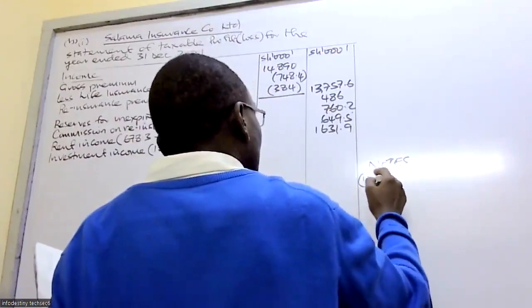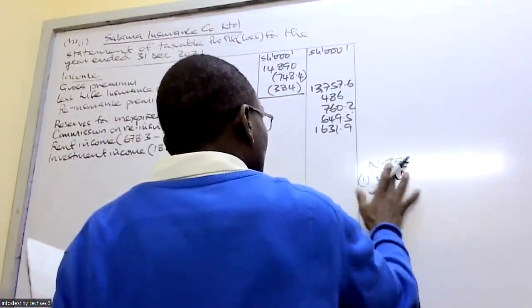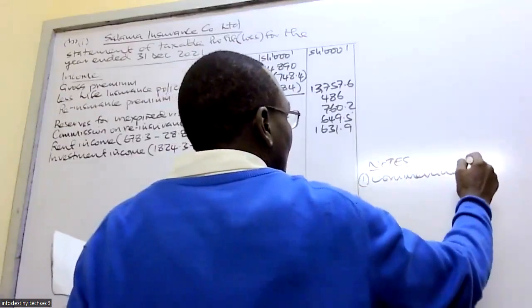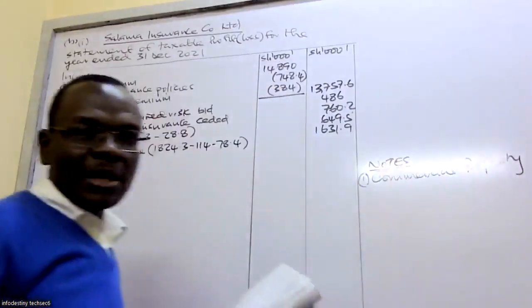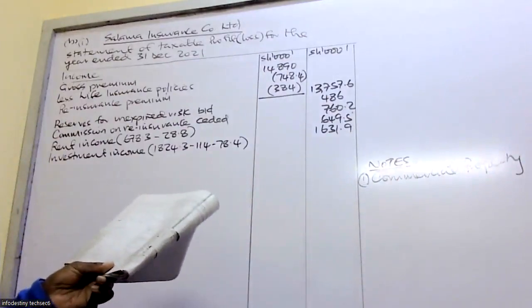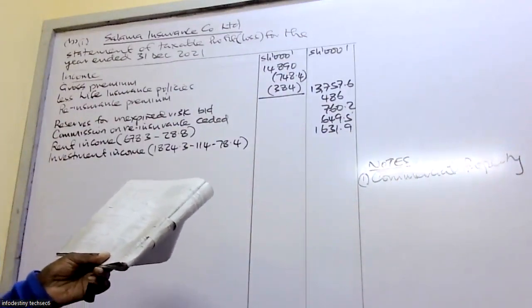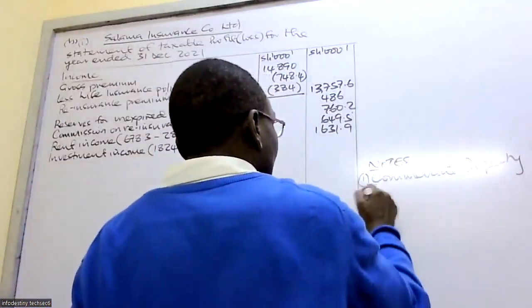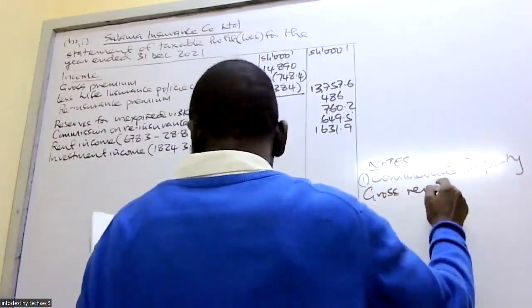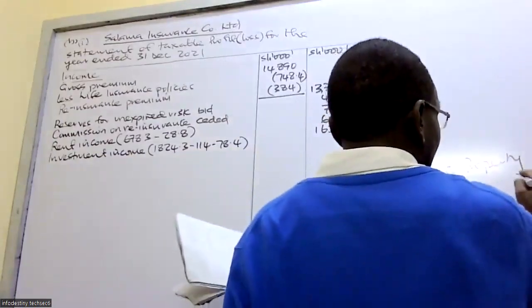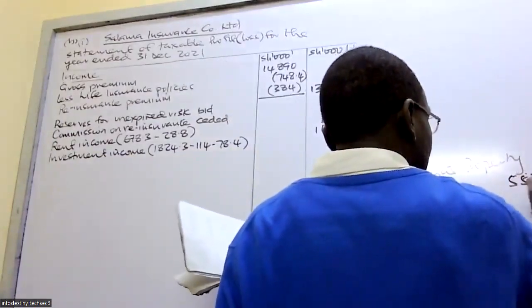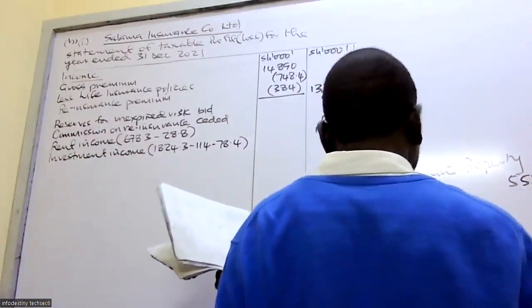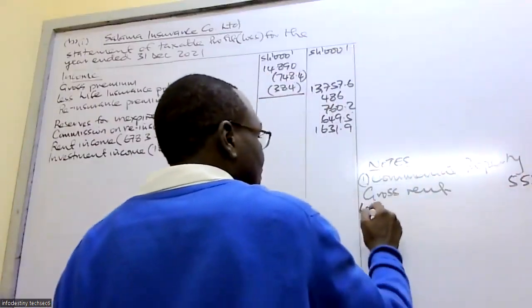So from the commercial property, they got rental income. The gross rental income they got was 5536.4. That was the gross rent.